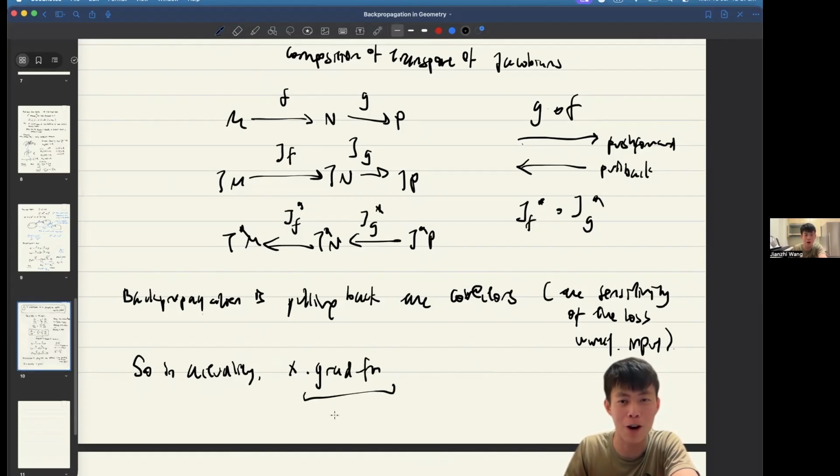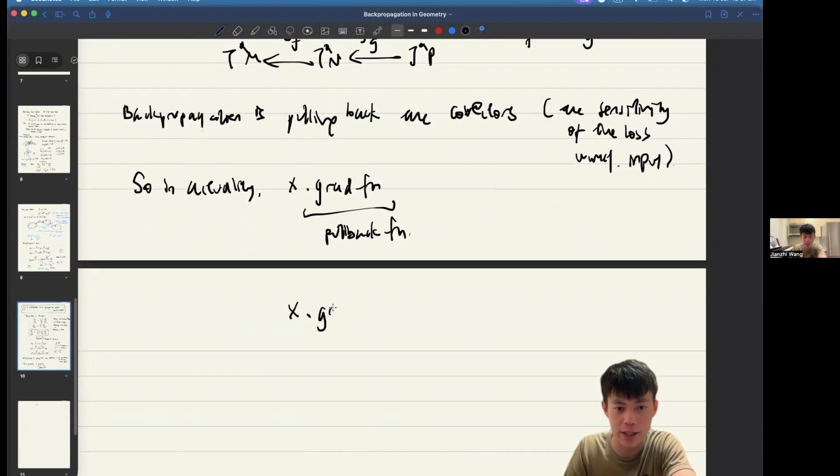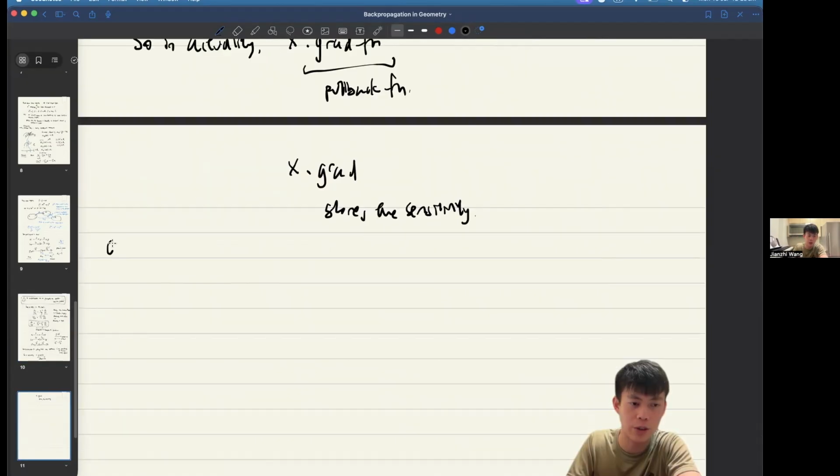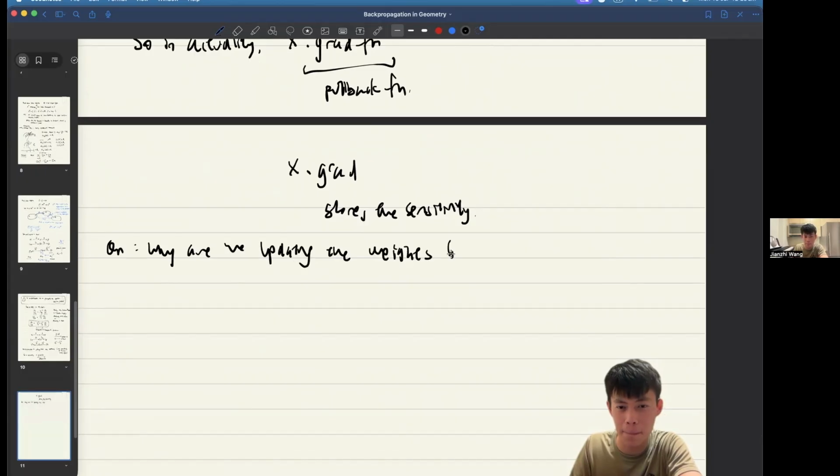This should be rightfully called the pullback function. For a tensor, its .grad attribute actually doesn't store the gradient per se, right? It stores the sensitivity. So the question is, why are we updating the weights by sensitivities, right?